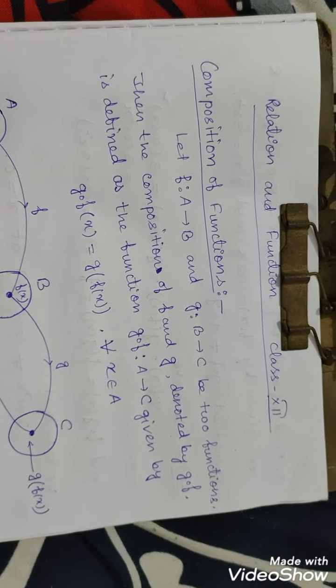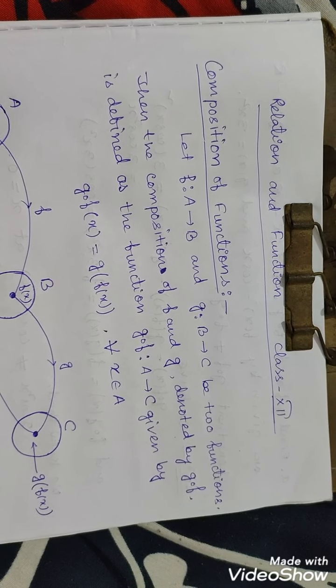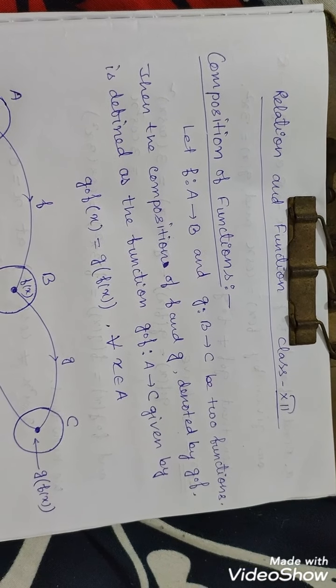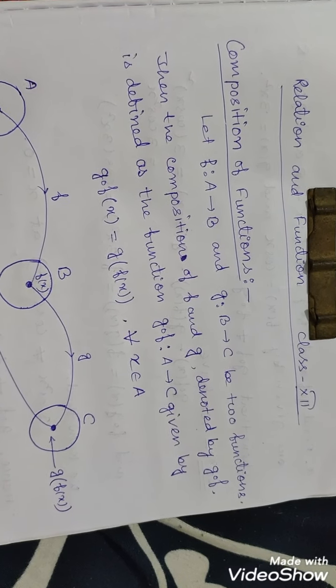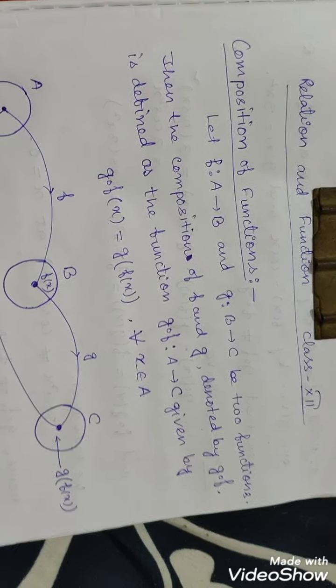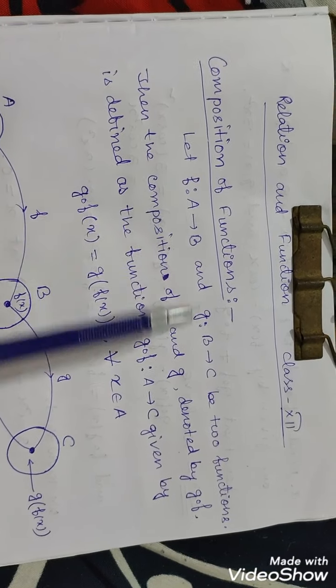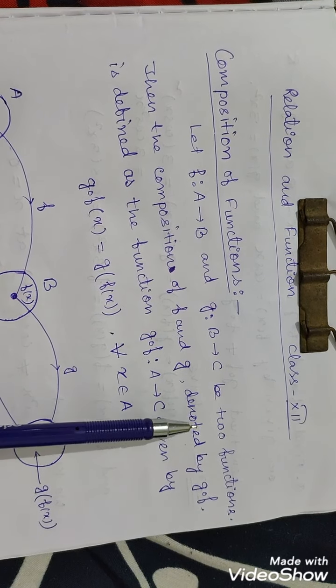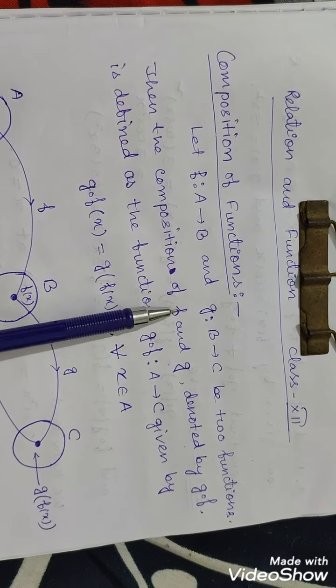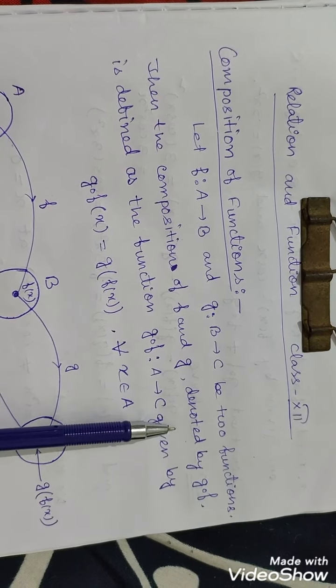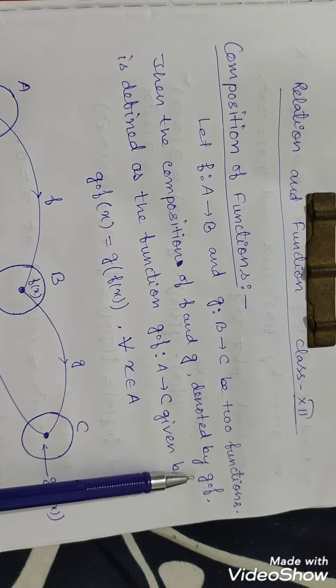ঠিক আছে, সো মই আৰম্ভ কৰোঁ। The composition of function. The composition of function means, let us consider two functions, f and g, be two functions. Then the composition of f and g, we can define or denote by what? g dot f.